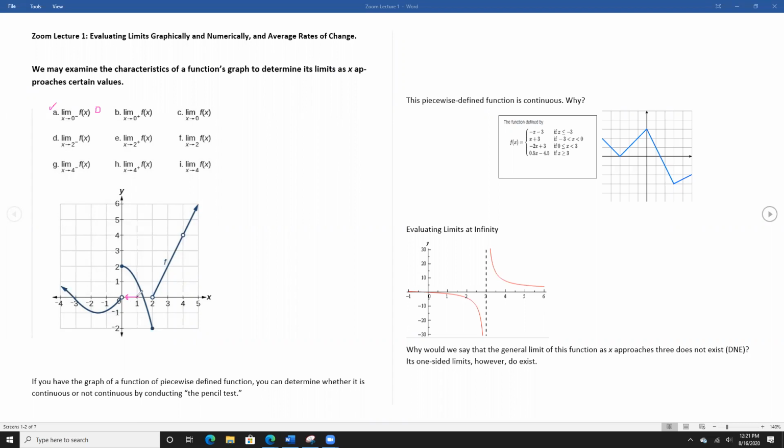If we look at the y value when x hits 1, we can see that the y value is here at 1. But as x gets closer and closer to 0, we can see that the y values are getting closer and closer to 2. So as x gets closer to 0 from the right, y approaches 2. So the limit would be 2.